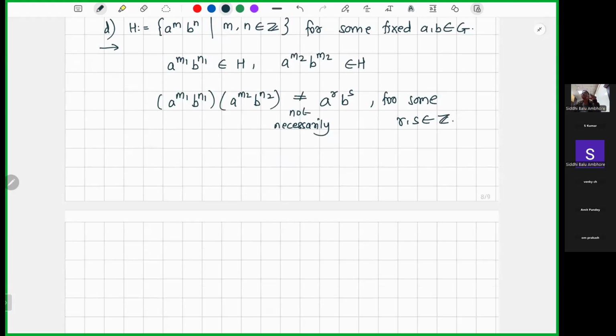This need not always hold. You can create some examples and check that this does not hold.